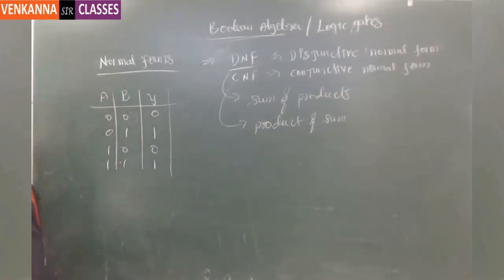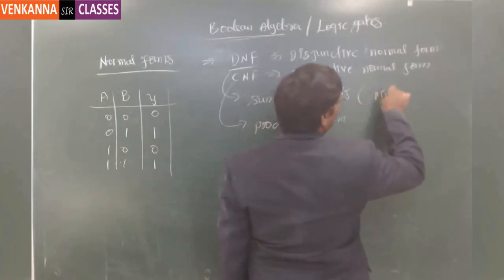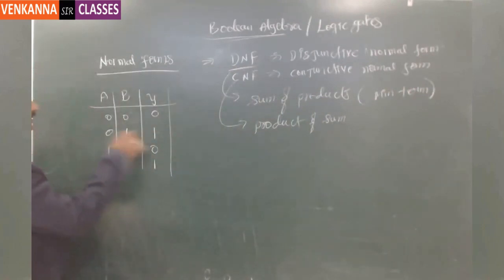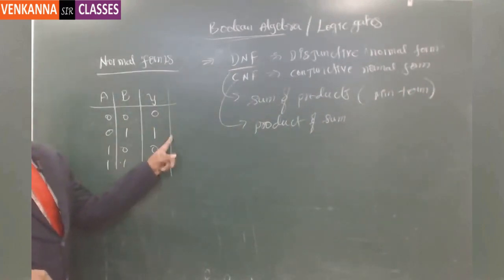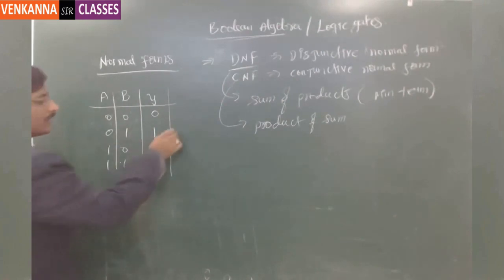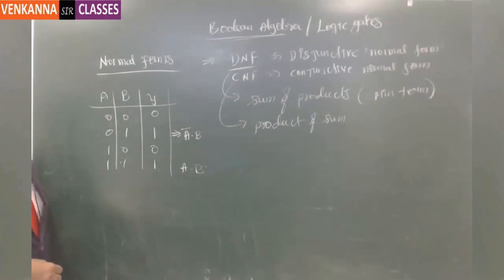Now here, in the sum of products, there is something called a min term. Min term means here you are getting 1, and for this one 0 has to be input for A and 1 has to be input for B. So if you want to get 1 here, I can construct an AND gate with the inputs A bar dot B. And similarly, if I have to get 1 here, I have to construct A dot B. Got it?